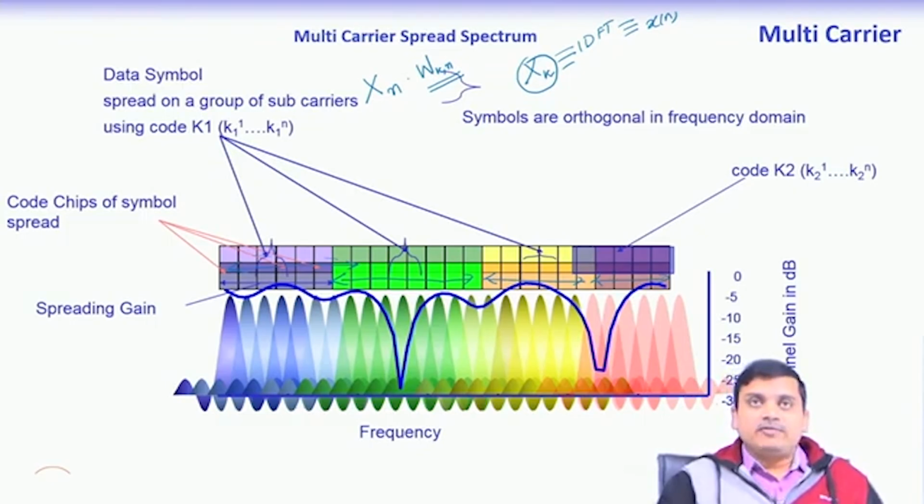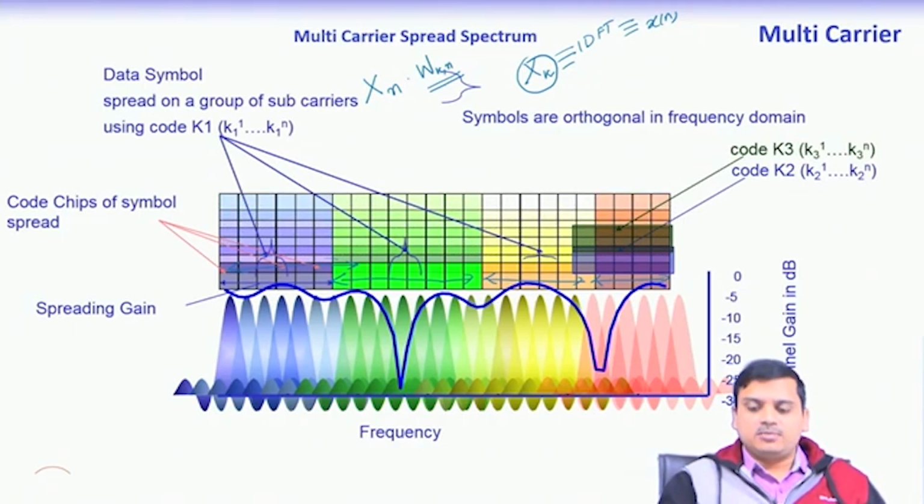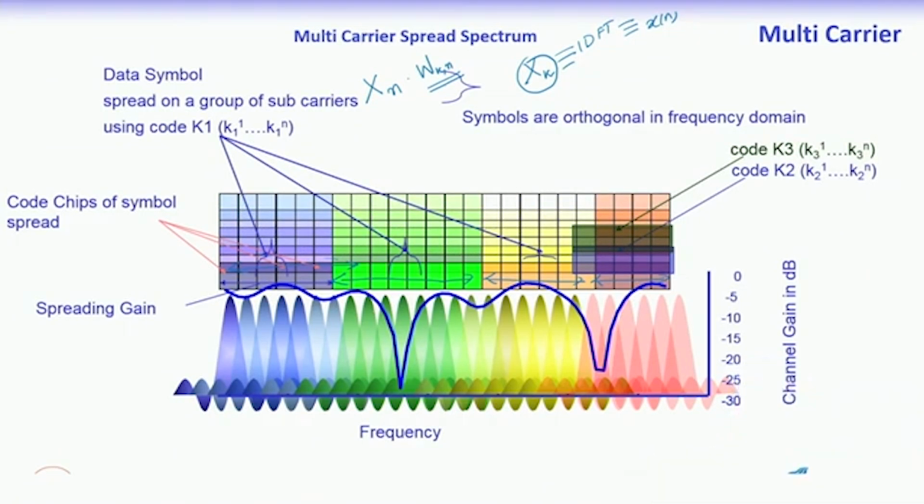We have discussed that if they are orthogonal, there will be no projection on each other, and if they are pseudo random, the amount of cross correlation will be very less. So, instead of seeing them in time domain, as was there in the third generation, here we are showing the frequency domain picture. One can stack up different codes as we are showing in this particular picture, and hence one would get a huge benefit in terms of spectral efficiency.